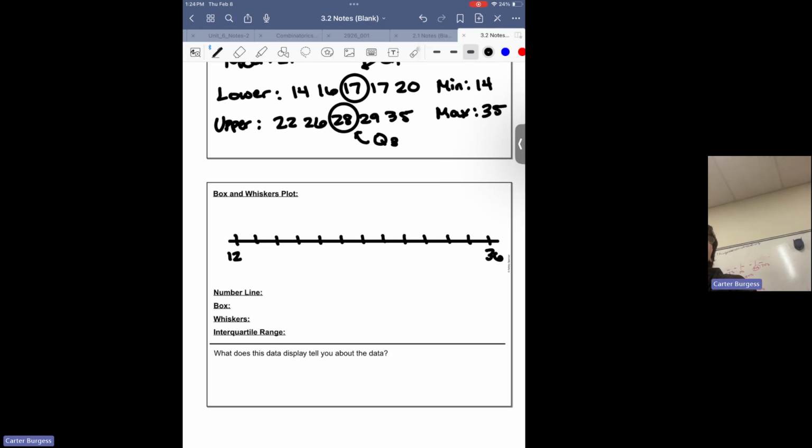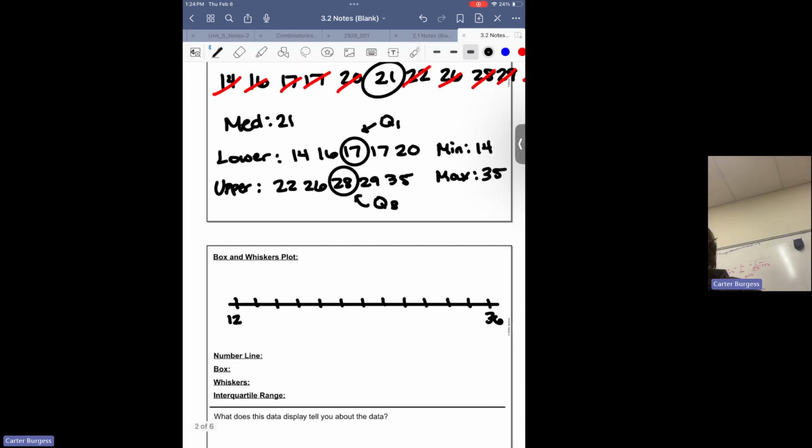And we are going to plot the 5 values that we have found. We said the minimum value was at 14, then at 17, so 14, 16, halfway is going to be 17, and then the next value at 21, so 18, 20, 21, 22, 24, 26, 28, and then all the way up to 35, like so.